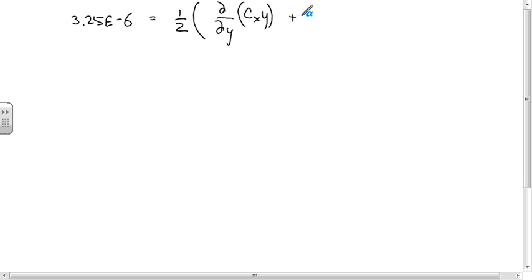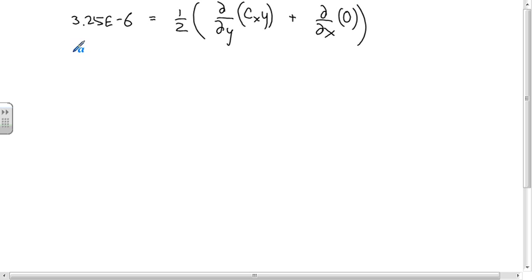So we have 3.25 times 10 to the minus 6 is equal to 1/2 of d dy of the x component of the displacement. So the x component of the displacement is cxy. And then plus the partial with respect to x of the y component of the displacement. What's the y component of the displacement? 0, yep. So that's going to go away.